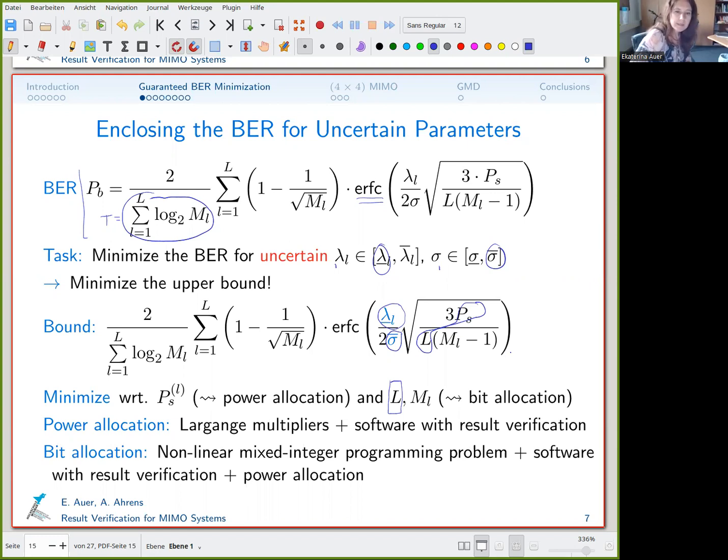If we want to do power allocation, then the normal Lagrange multipliers optimization in combination with software with result verification can help already. In the case of bit allocation, we have a nonlinear mixed integer programming problem, since those are natural numbers, usually powers of 2. Again, we can use software with result verification to try out what kind of constellations are optimal for our system.